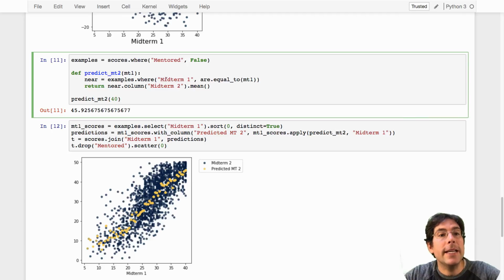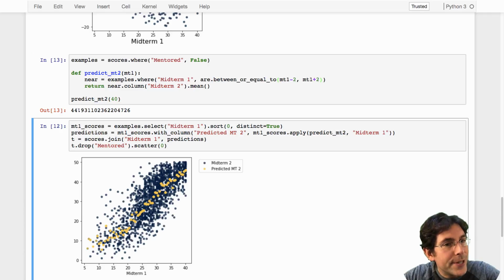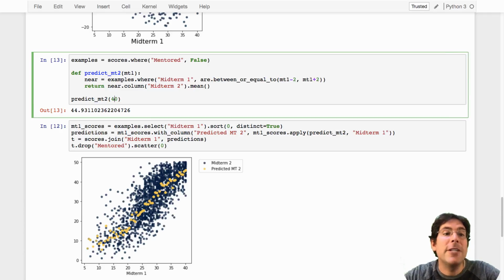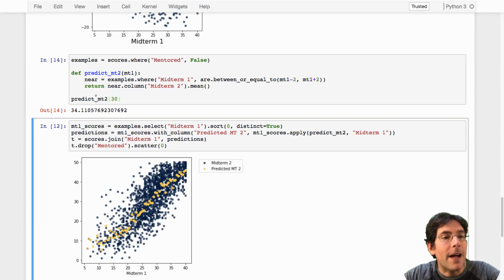So instead of just taking points where the midterm 1 value is exactly some number, exactly 40, we could say that we want all of the points where the x value is between the midterm score minus 2 and the midterm score plus 2. Now the predicted value changes just a little bit because it's averaging in people who got 38 or 39 on midterm 1 instead of just 40. And so we get different values.